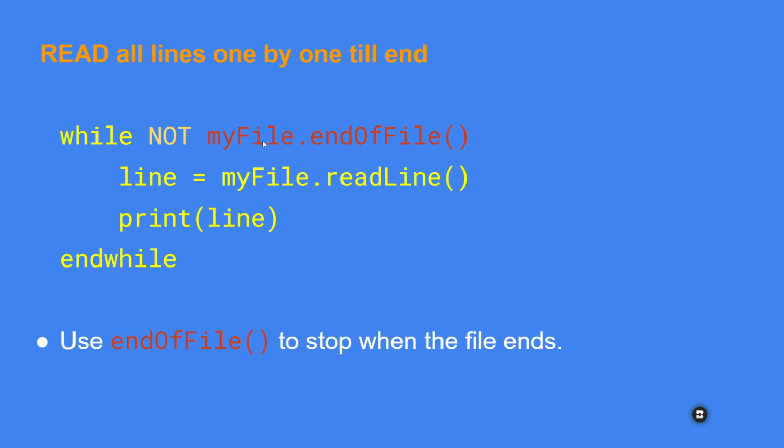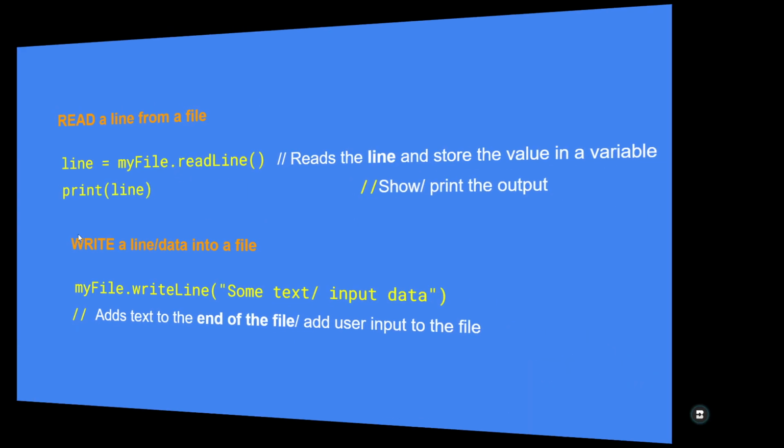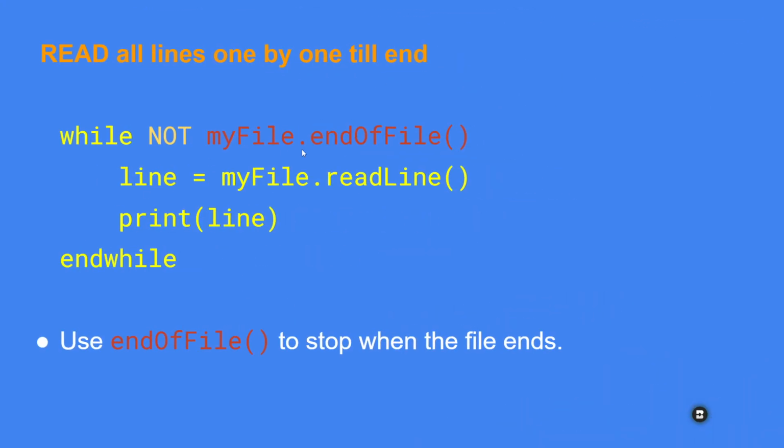And after writing a while loop, you write this condition. Look at this condition. My file is your variable. Let me show you one more time this variable we are talking about. You see how important this variable is. Every time you're writing or reading, you're pointing at this variable, my file dot read line, my file dot write line. That's why storing my file in a variable is really, really important. So we are saying my file dot end of file.